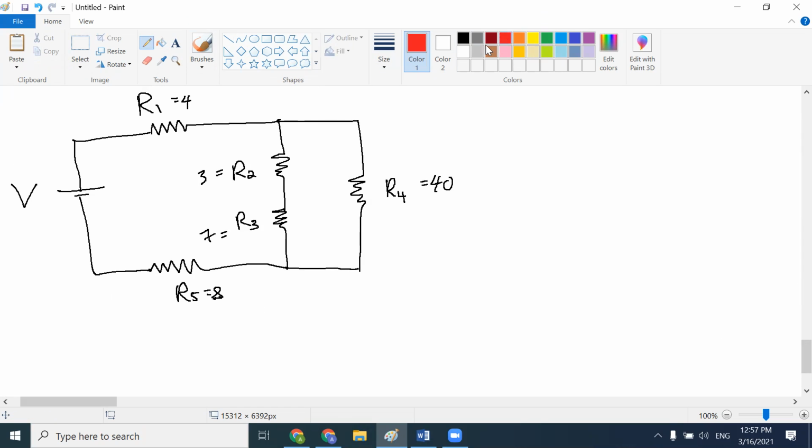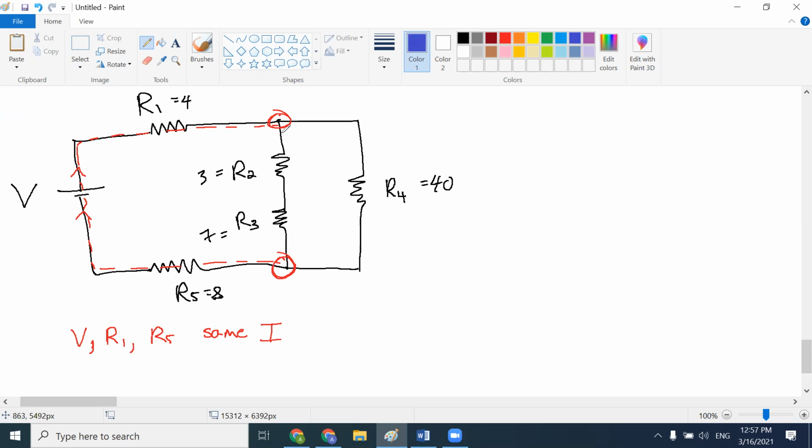So if I just think about current coming from the battery, that current has no choice but to go through R1 before it splits. And on the return, it's going to go through R5. So V, R1, and R5 have the same current.